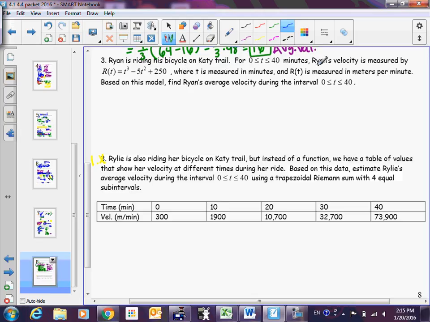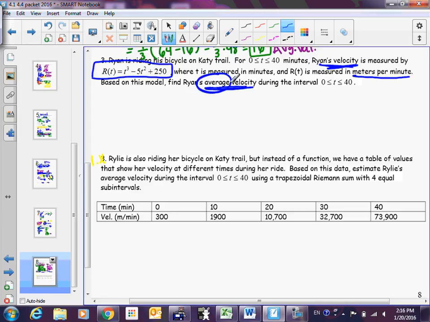For 0 to 40 minutes, Ryan's velocity is measured by this formula. Okay, that is the velocity. I'm emphasizing that for a reason. t is measured in minutes, r of t is in meters per minute. Another good way I know that that's velocity. Based on this model, find Ryan's average velocity.